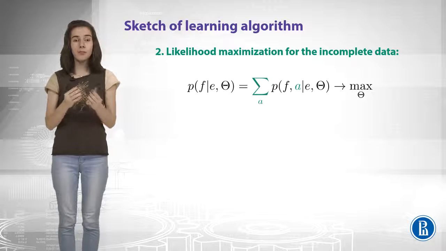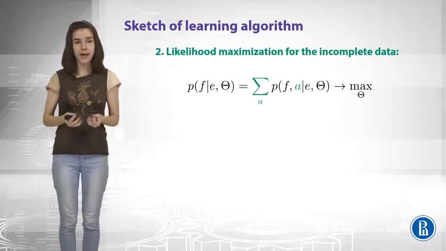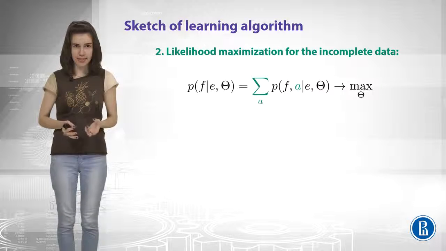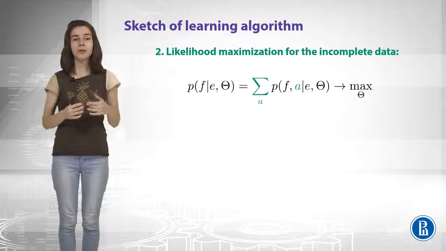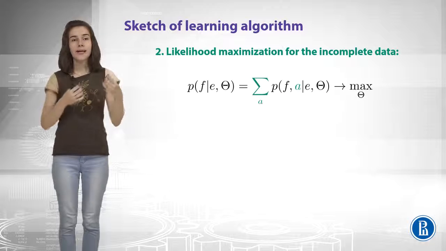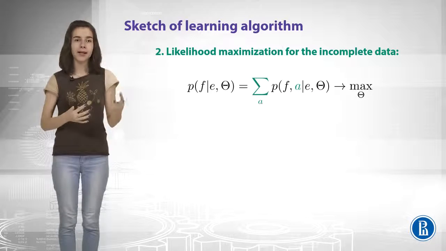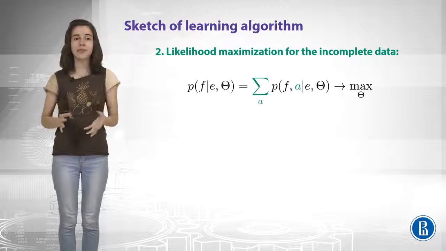So we can model the probabilities of F and A, but we do not see A. That's why we need to sum over all possible word alignments. And on the left-hand side, you have the probability of F, given all the rest of the things, which is called incomplete data. Likelihood maximization for incomplete data means that there are some hidden variables that you do not see.